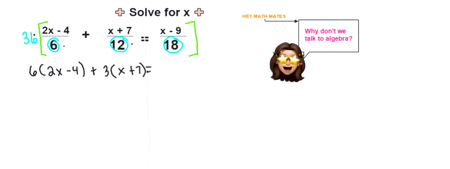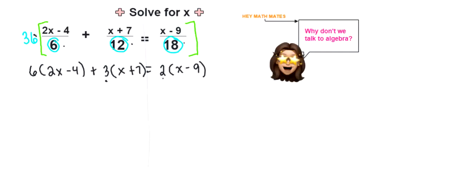And then 36 divided by 18 is 2, and we're going to multiply the top by that. So we divide the bottom times the top. 36 divided by 6 is 6 times the top. 36 divided by 12 is 3 times the top. 36 divided by 18 is 2 times the top.